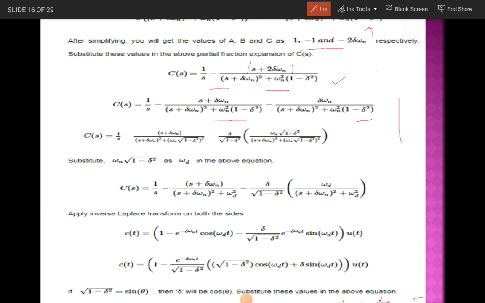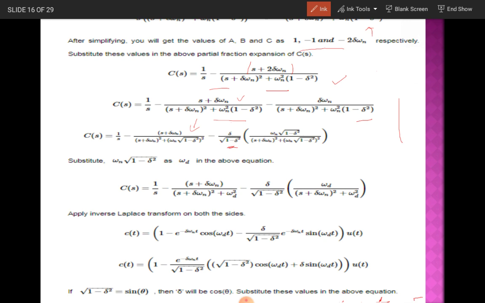So the next step is, again I rearrange the expression in such a way that we will be able to get the inverse Laplace transform. This expression can be written as 1/s minus (s + del omega_n)/((s + del omega_n)^2 + (omega_n square root of 1 - del^2)^2) minus, I multiply the numerator and denominator with the square root of 1 - del^2.